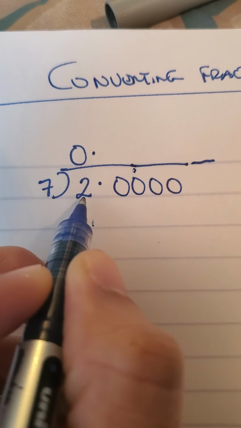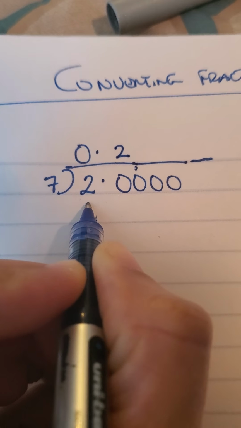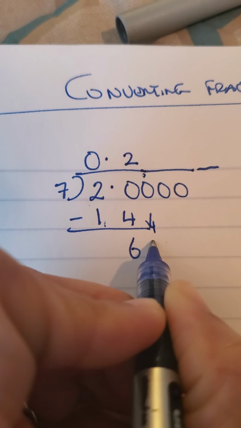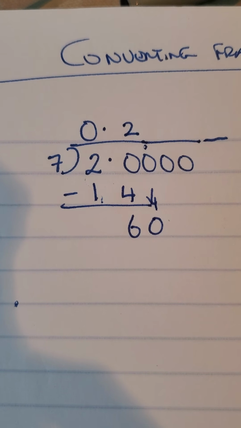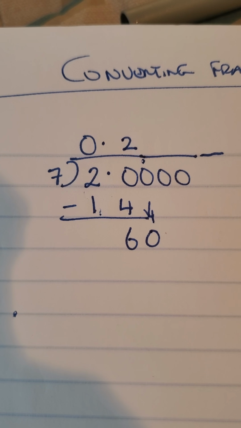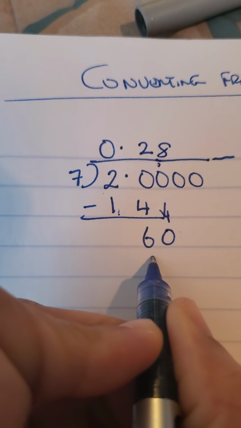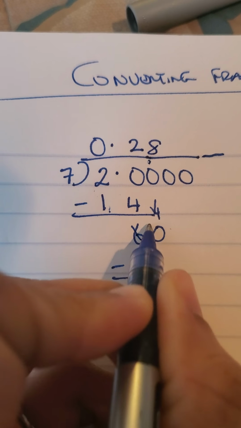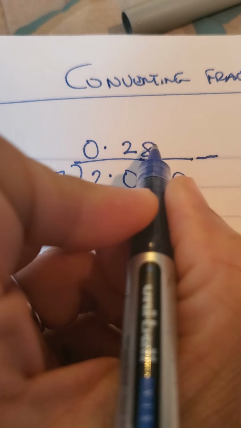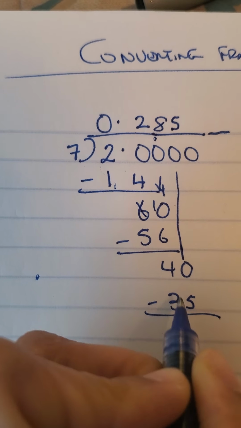There are no factors of 7 in 2, but I know I can find at least 2 factors of 7 in 20, which gives me 14, and I have a remainder of 6. Bring down a 0. 7 times 8 is 56, right? 7 times 7 is 49, and 7 times 8 is 56. I subtract, and I bring down another 0. 7 times 5 is 35, and that's a 5.